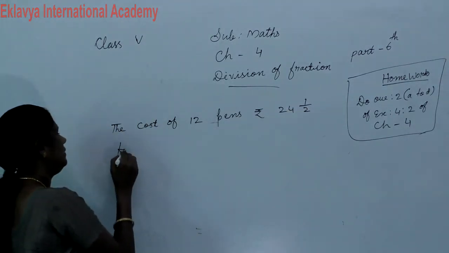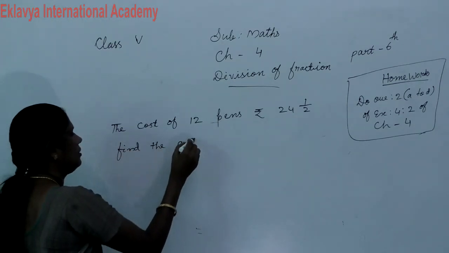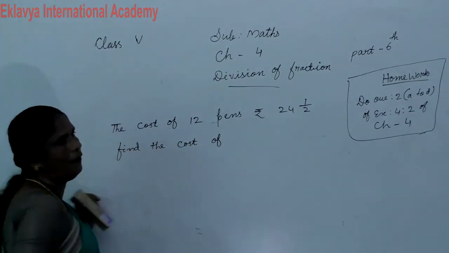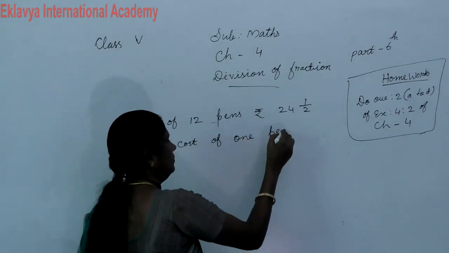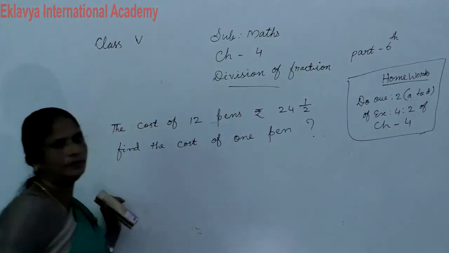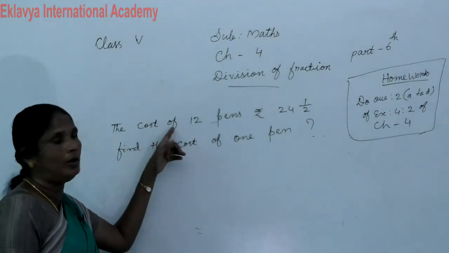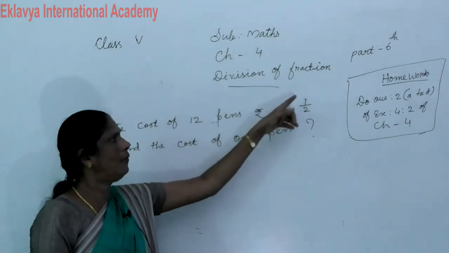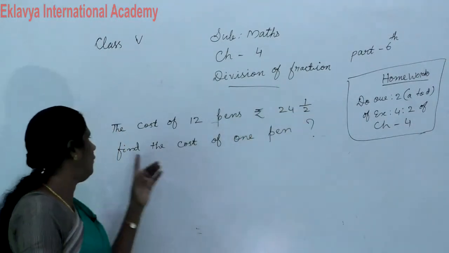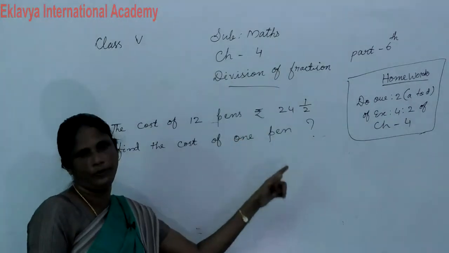Find the cost of 1 pen. Read the question. The cost of 12 pens is rupees 24 1 by 2. Find the cost of 1 pen.